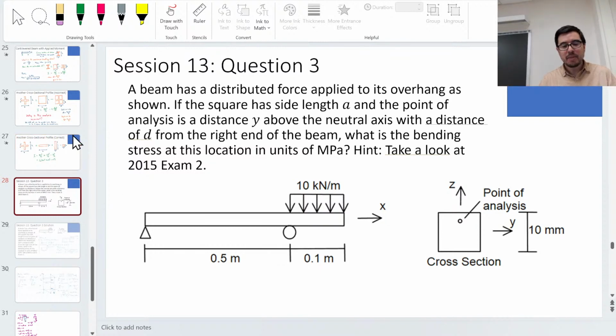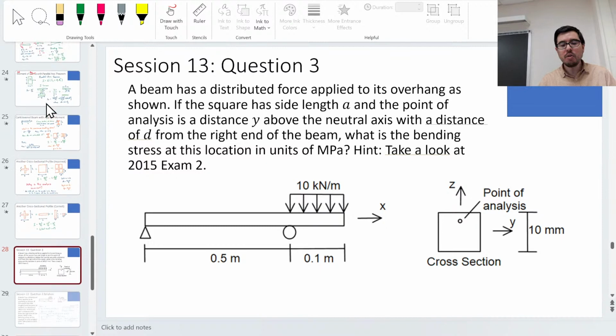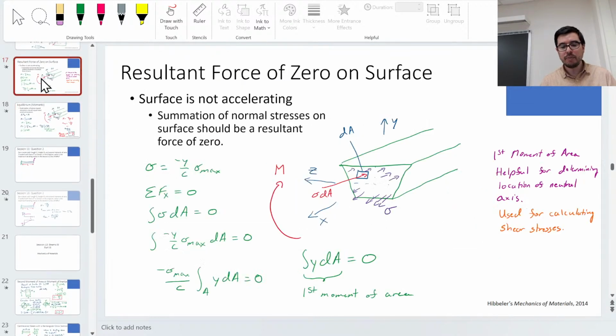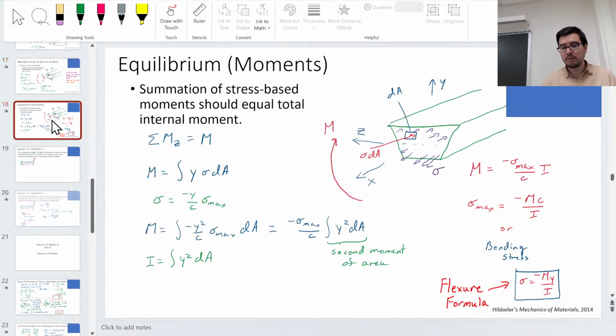So you don't always need rho, right? That's part of the bending formula, right? That we spent some time deriving here, or the flexure formula, sorry. All right, sigma is equal to negative My over I. So what's important here, if we're figuring out the bending stress, sigma, is we need to figure out what the internal bending moment is. Okay.